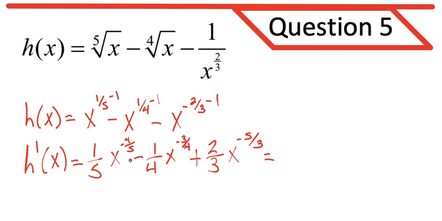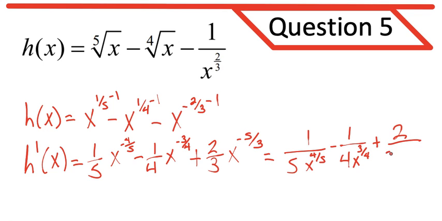And then finally, this will turn out to be 1 over 5 times x to the power of negative 4 over 5, minus 1 over 4 times x to the power of negative 3 over 4, plus 2 over 3 times x to the power of negative 5 over 3.